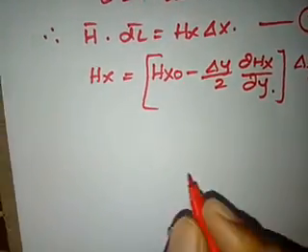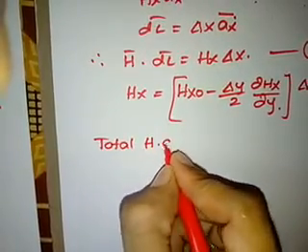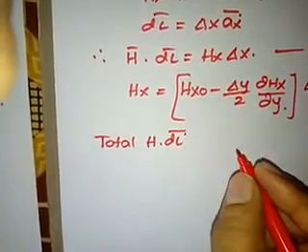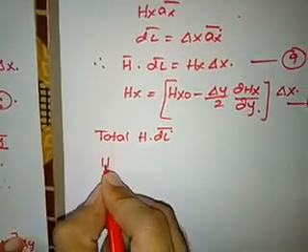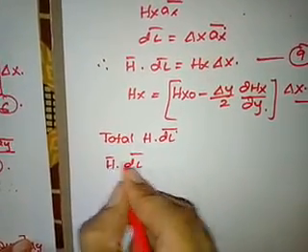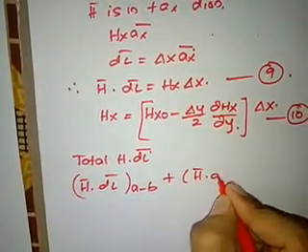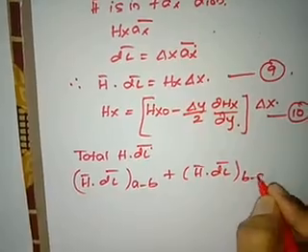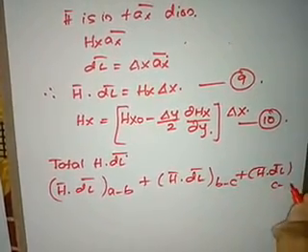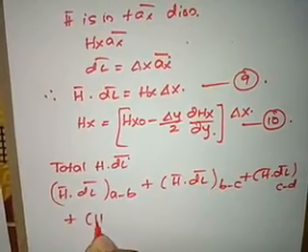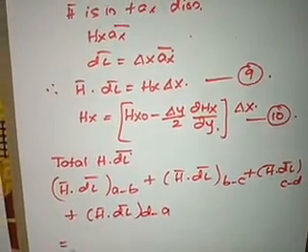So total h bar dot dl bar, we have to consider all the equations that we derived: h bar dot dl bar due to A to B plus B to C plus C to D plus D to A. So you have to sum all this.